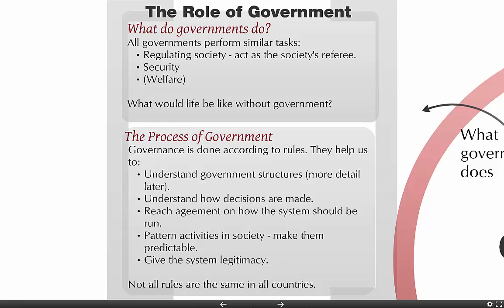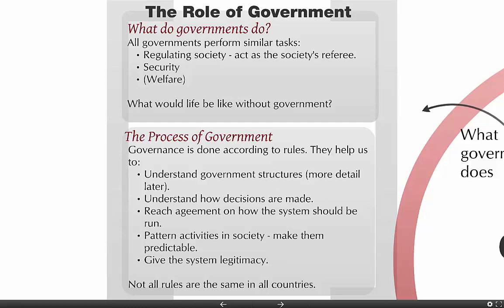What do governments do? Generally speaking, the smallest common denominator for all governments all over the world is that they have the legal monopoly of violence on a given territory. That sounds a bit rough, but that's basically what governments do, what a state does.